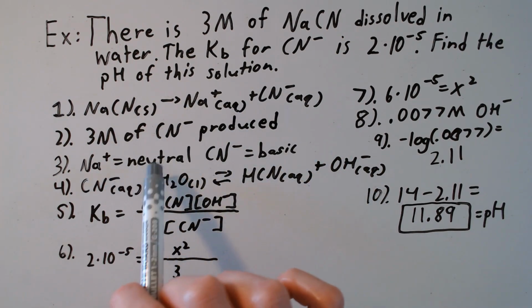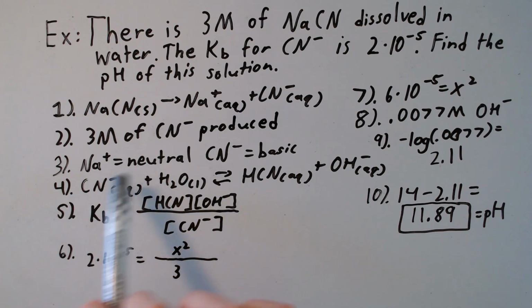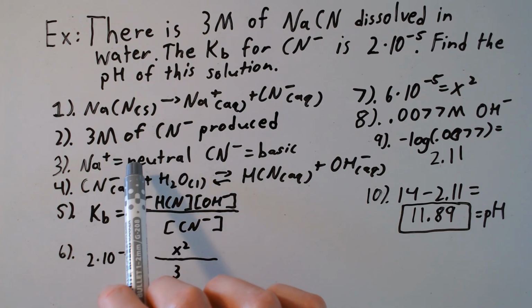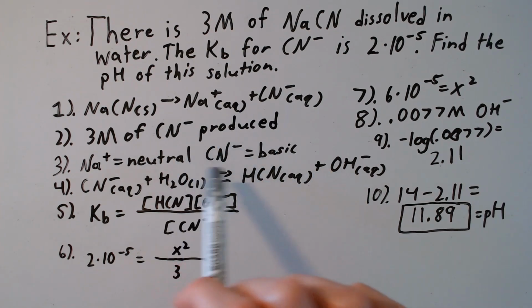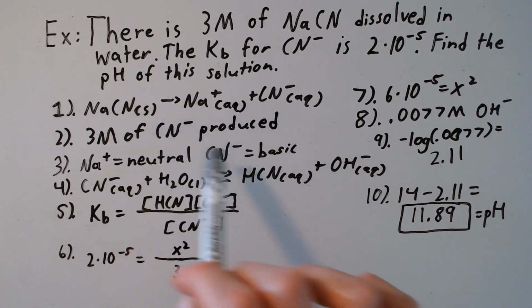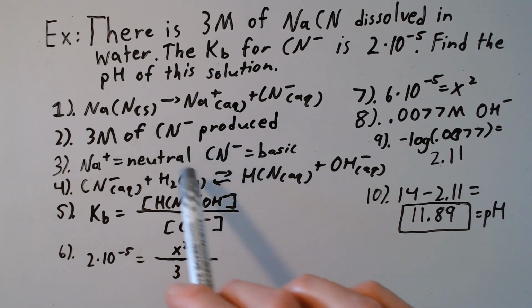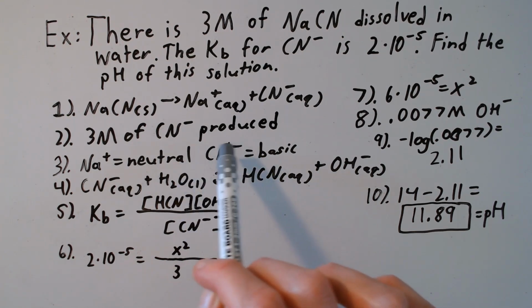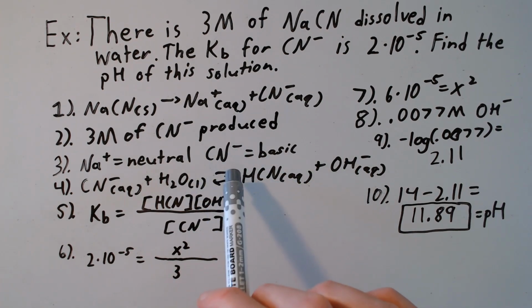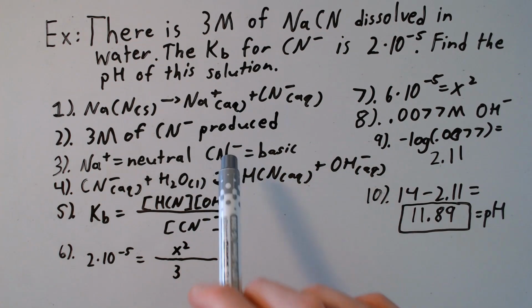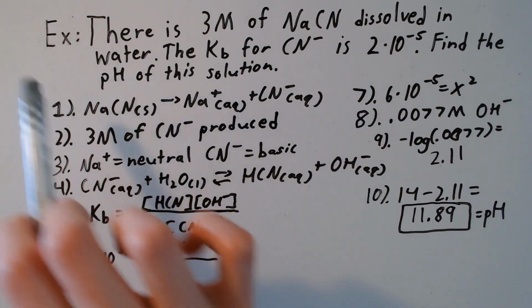And we also know, based on our previous example, that the Na+ is always neutral and that the CN- is basic because we can determine that using its conjugate acid. Since the HCN, its conjugate acid, is a weak acid, then this conjugate base of that acid is pretty basic. So CN- is basic. And that means that this solution is going to be basic.